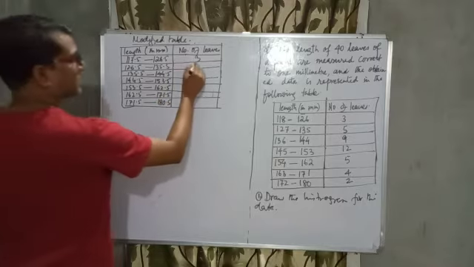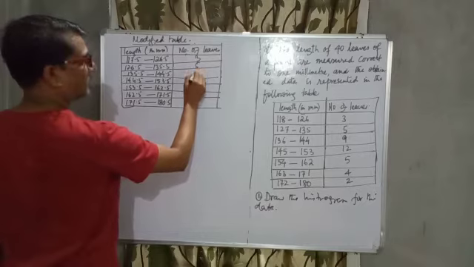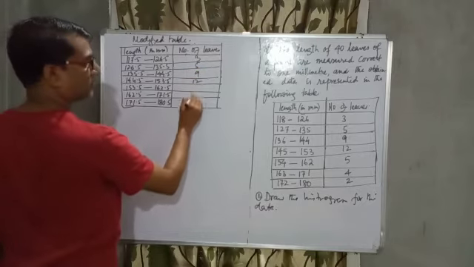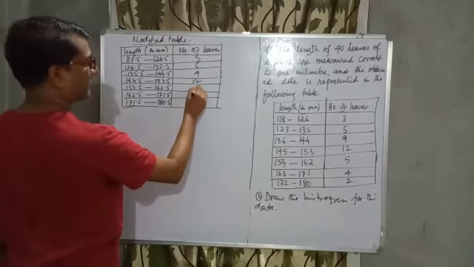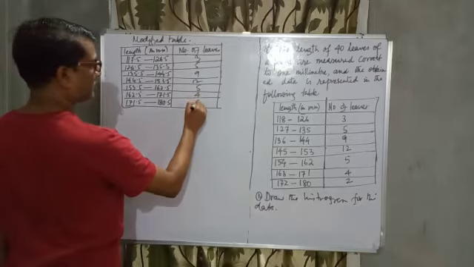And the frequencies are this way: 3, 5, 9, 12, then 5, then 4, and 2.